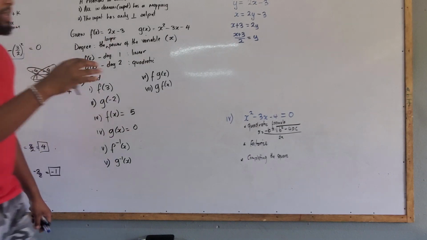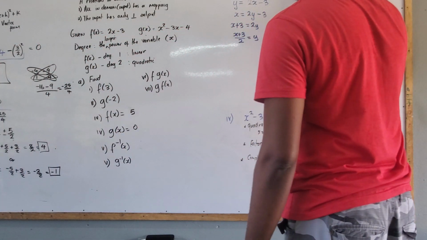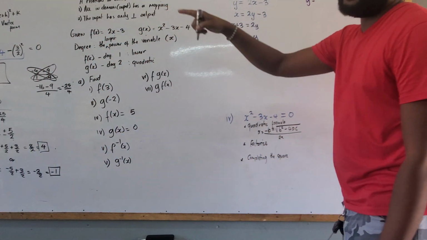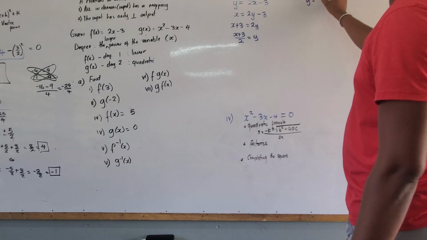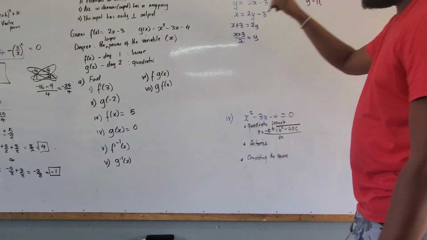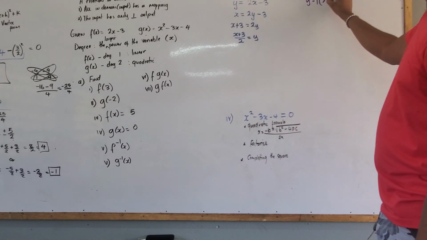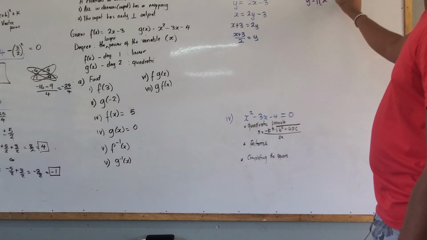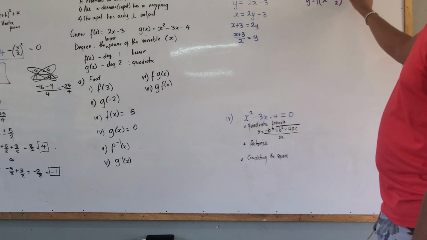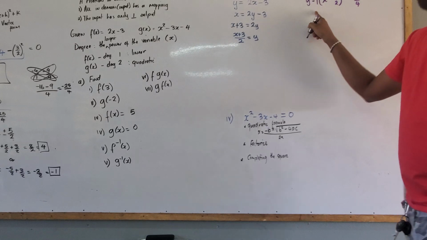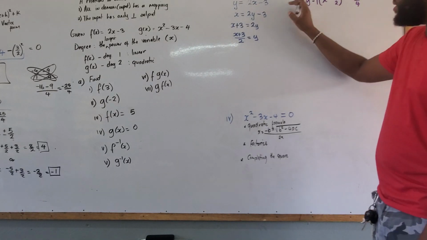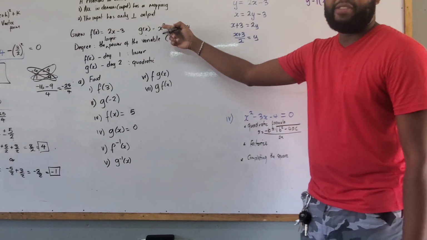So we're going to start with y equals the vertex form of the quadratic. So what is the vertex form? Let's put the 1 there just for argument's sake: 1 times x minus 3 over 2 all squared minus 25 over 4.